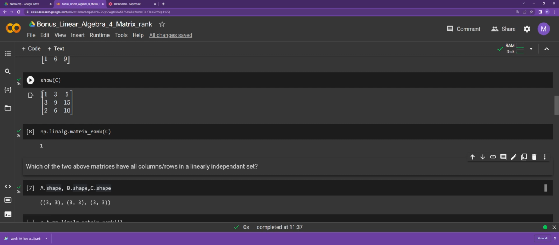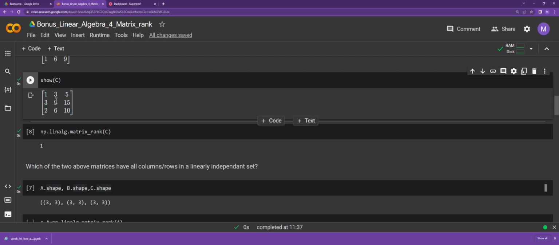What does that mean? Let's see. Of course, these are made so that you can have a feel for it. We have 1, 3, 2, 3, 9, 6, 5, 15, 10, and then the rows are 1, 3, 5, 3, 9, 15. Look at it, both looking at rows and columns.